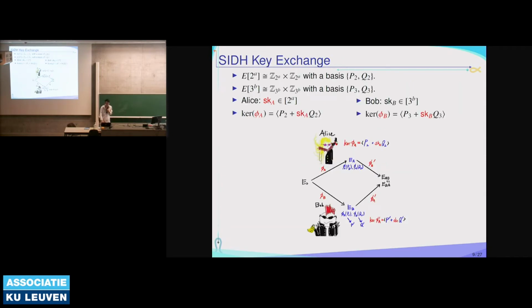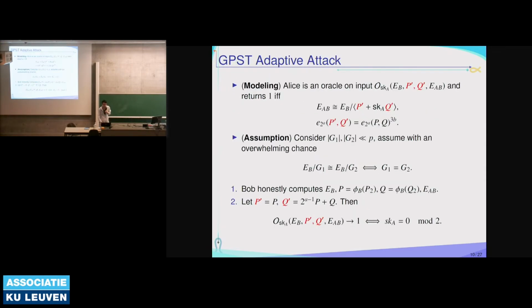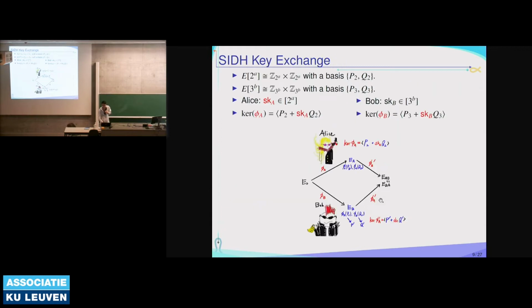So what Bob can do here is what we're going to show as the GPST attack. Bob manipulates his public key to see whether the shared secret is the same or not. And this can help him to determine the secret bit, or the binary information, of SK_A each time.